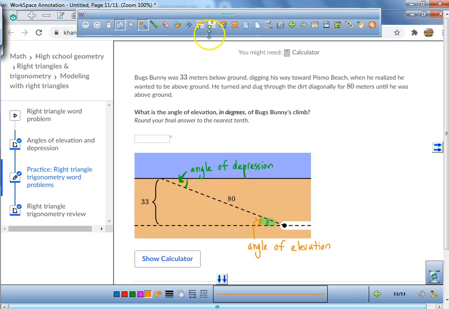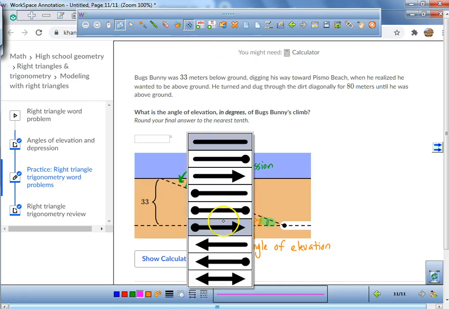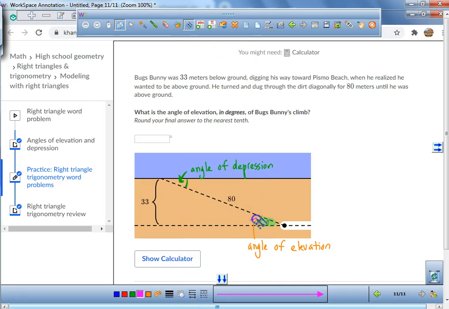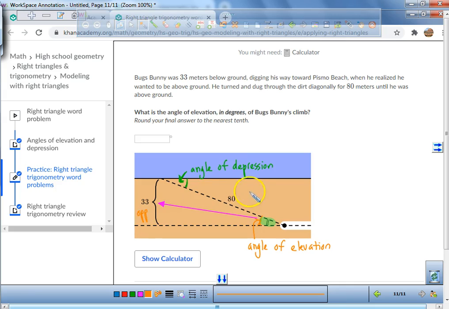I'll do a better arrow. By the way, the angle of elevation is always equivalent to the angle of depression, in case you're wondering. So right here, we're going to do the opposite side over the hypotenuse. So the sine of our angle, I'm just going to call it x, is equal to the opposite side over the hypotenuse.